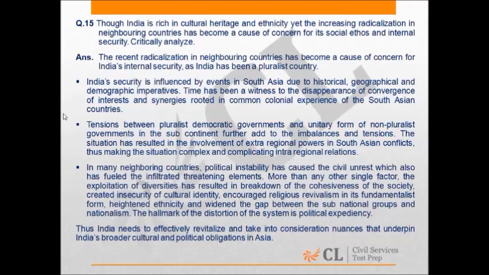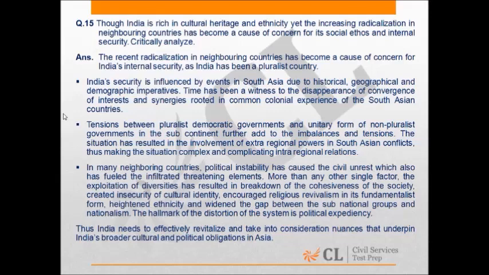We can see cross-border terrorism, cross-border infiltration, the Tamil problem in Sri Lanka, the problem of migrants from Bangladesh in West Bengal and Assam, and the problems we face across the border from Nepal, Pakistan or Afghanistan.